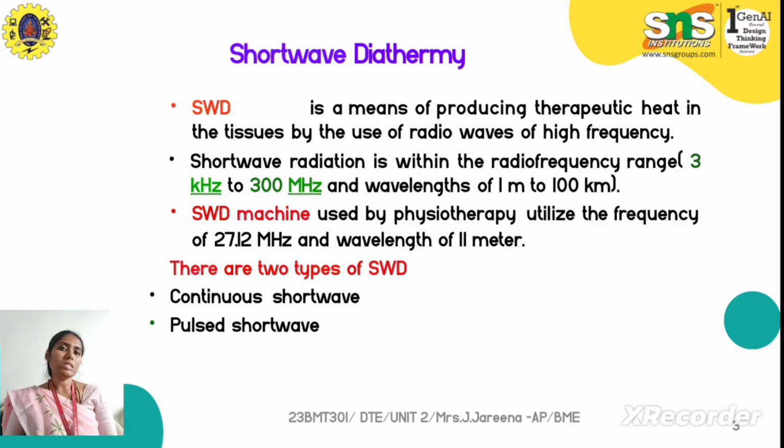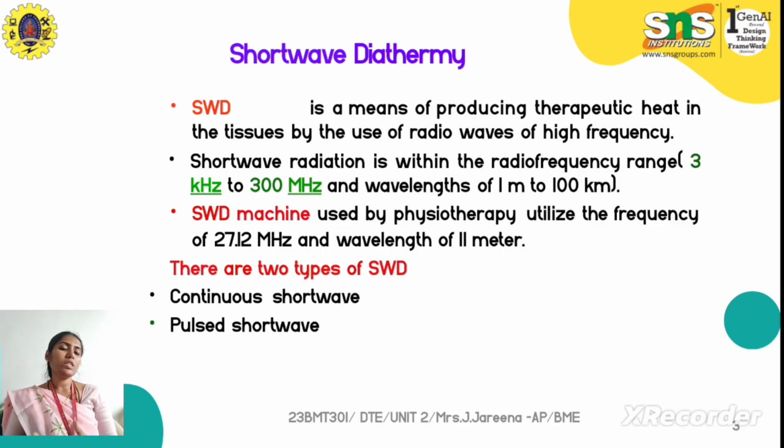So we are going with the optimized radiation, especially in the frequency range of 3 megahertz to 300 megahertz, that is a wavelength between 1 meter to 100 meters.